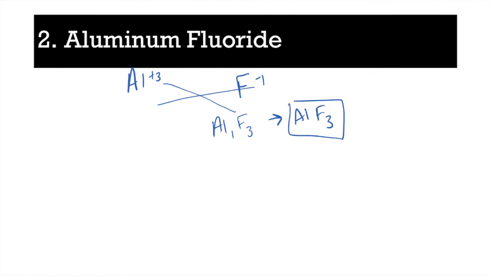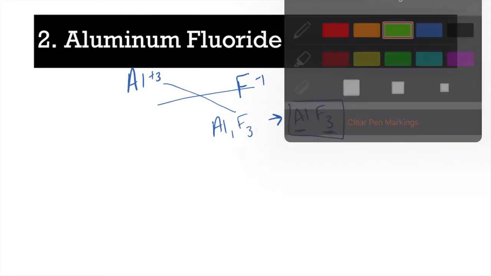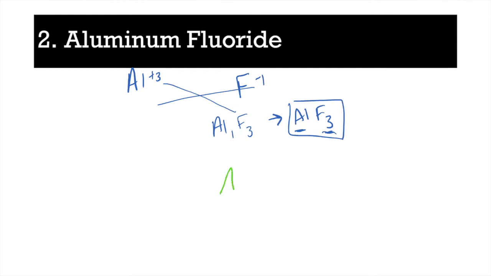Now, how many aluminums are going to be in our picture? Again, 1 aluminum. And how many F's are going to be in our picture? Great, 3 F's. So, again, let's just start by drawing our aluminum. Aluminum is going to have that +3 charge because it lost those electrons.